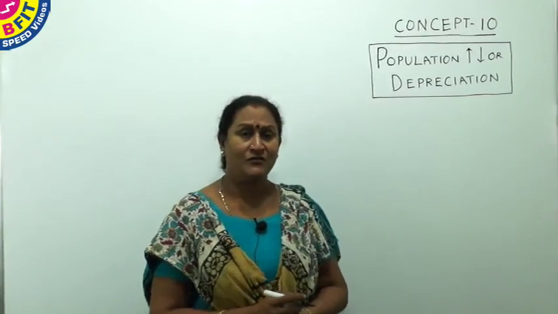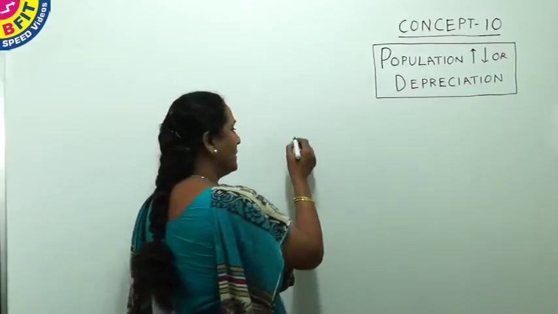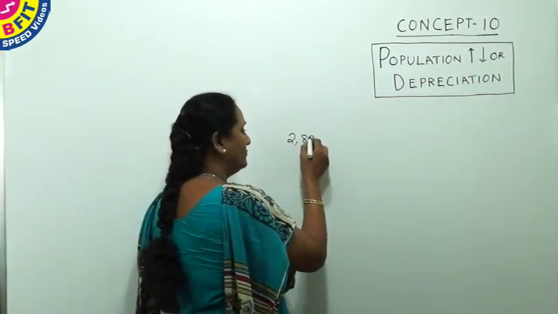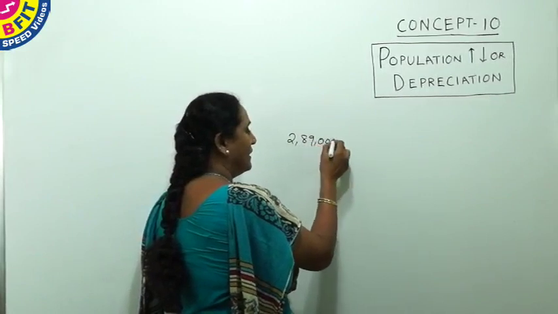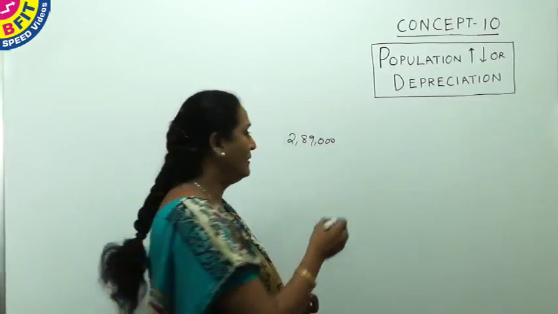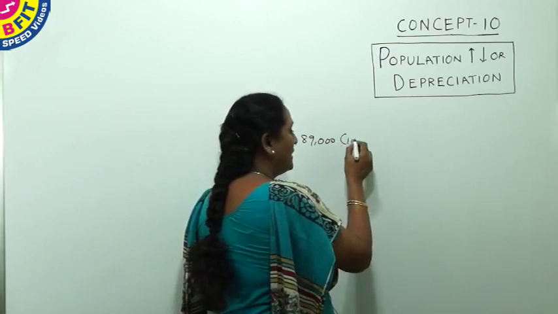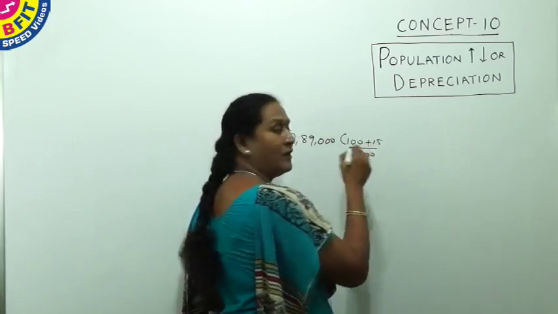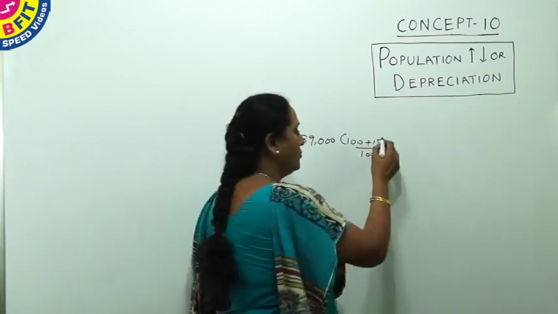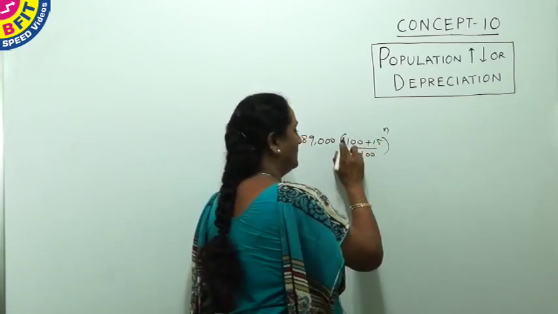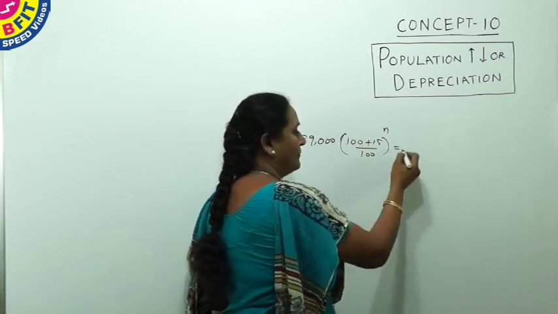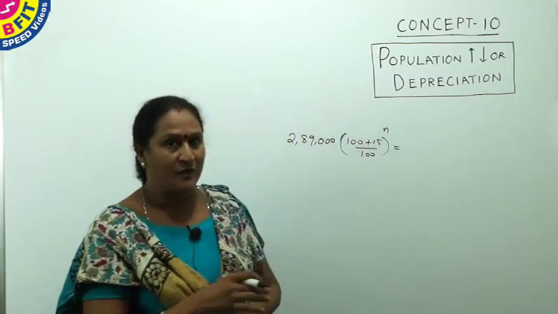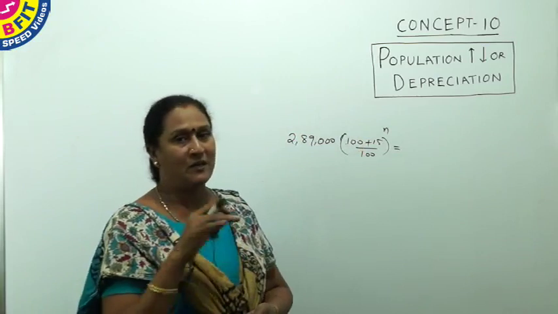Now the value of the land appreciates. So the initial value of the land is 2,89,000, and as the value is appreciating by 15%, it is 100 plus 15 by 100, whole power n. And we are asked to find after how many years both the values will become equal.